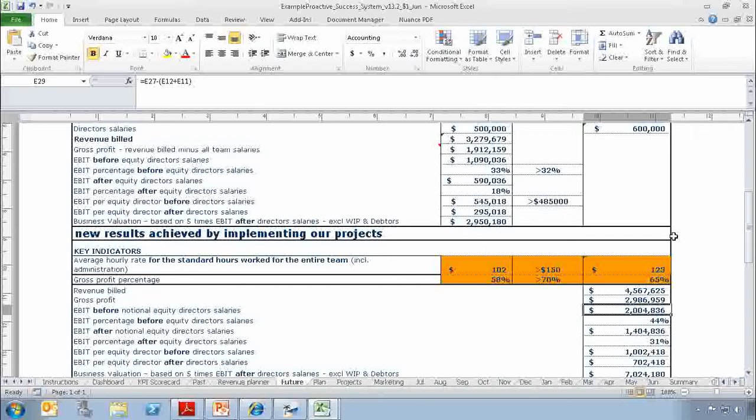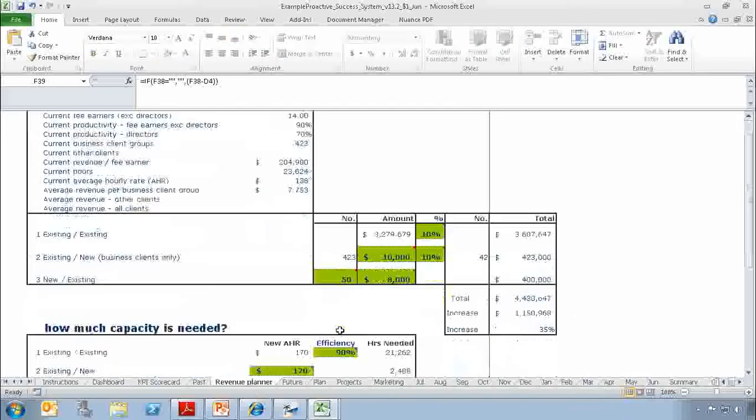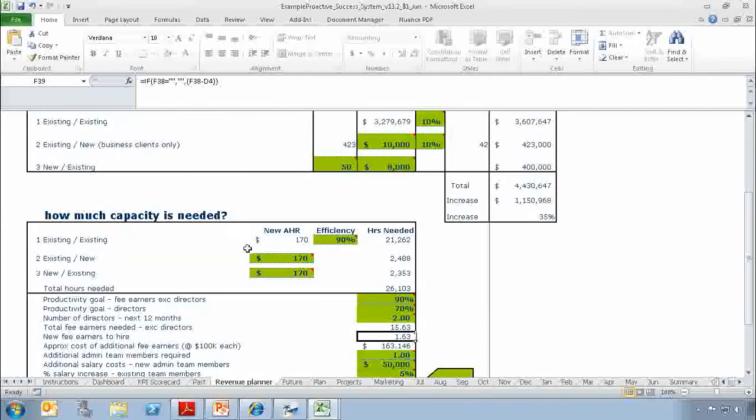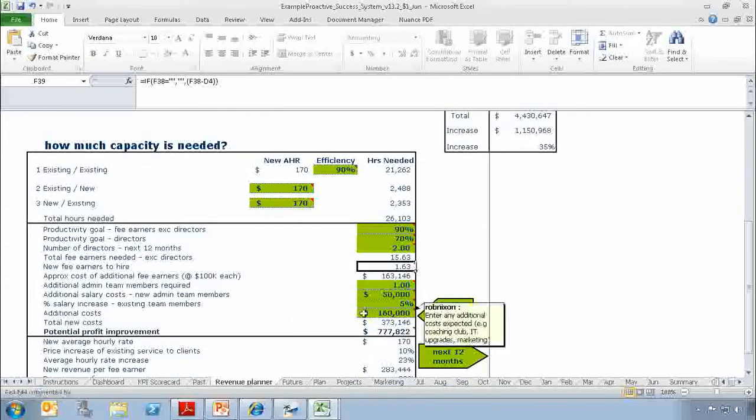Again, this will all tie in as part of the strategic planning. In terms of the revenue planning, we look at business groups, fee earners, client groups, etc. We look at productivity, and we look at the effect on what additional costs we'll need.